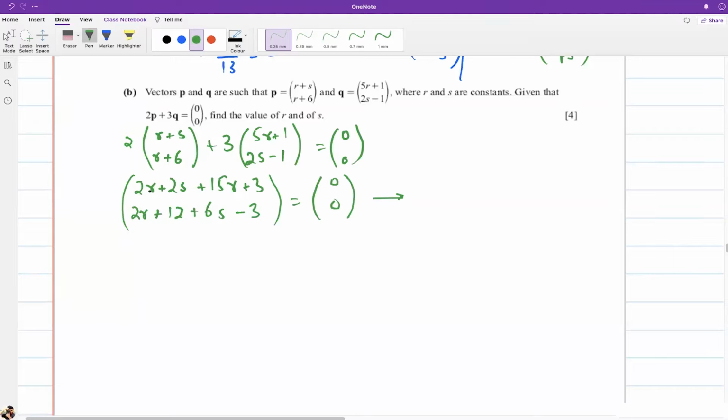We can say that the first one, which is now 17r plus 2s plus 3, is equal to 0, and let it be our first equation. The second one I'll just write here: 2r plus 6s plus 9 is equal to 0. And now we have two equations. You can solve them simultaneously and that will give you the value of r and the value of s. Okay, so I guess everybody will be able to do that. We don't need to go through it.